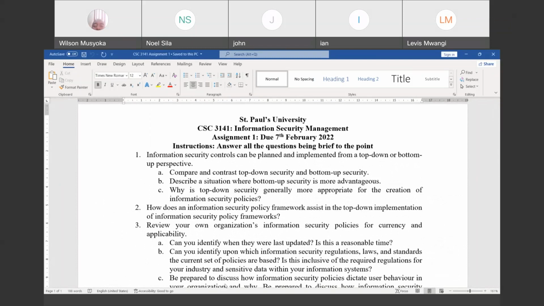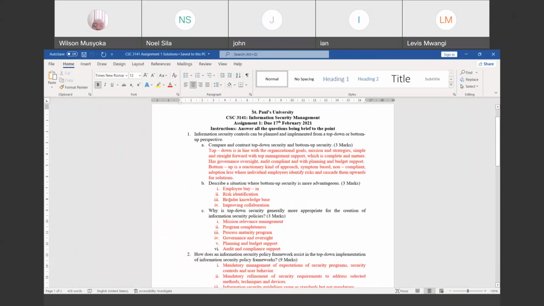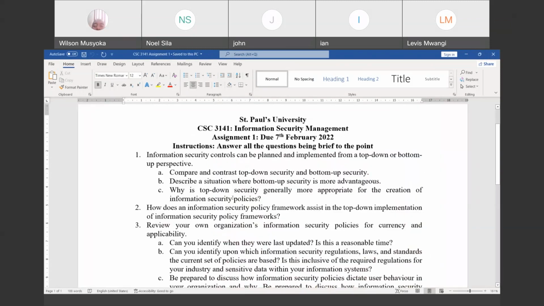From our discussion, we said that top-down security is the one in line with the national goals, mission, and strategies, meaning that it has to be conceptualized from management of the organization, and once it has been conceptualized from there, it is brought down to the lower level. It is implemented from the top of the organization and then brought down to the lower level employees.